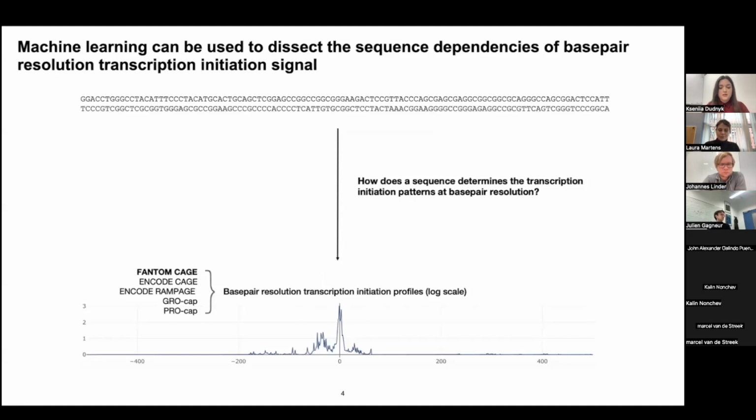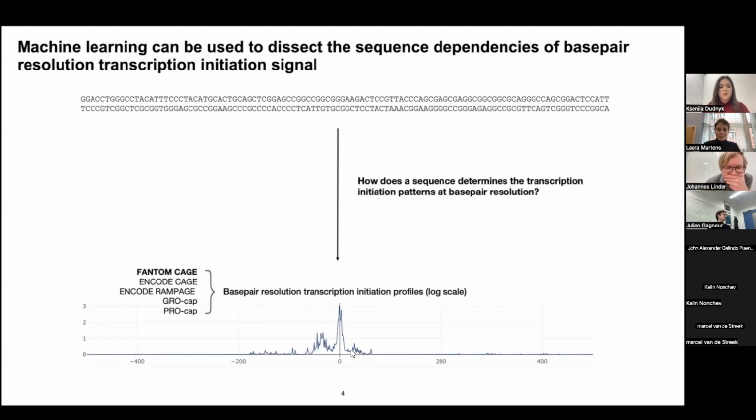Transcription initiation in the human genome is not restricted to one single base pair. It actually signals that spread over a window. And the signal is transcription start sites collected from many samples. So these little peaks that we see in the signal are not noise. They actually reflect the mechanism of transcription initiation.